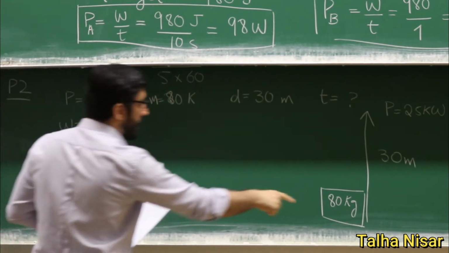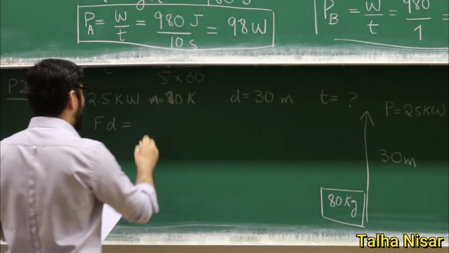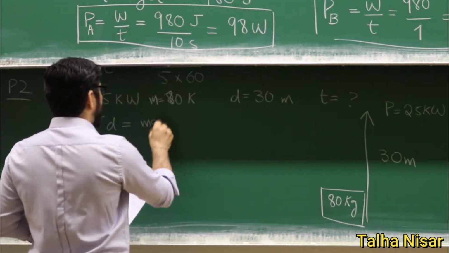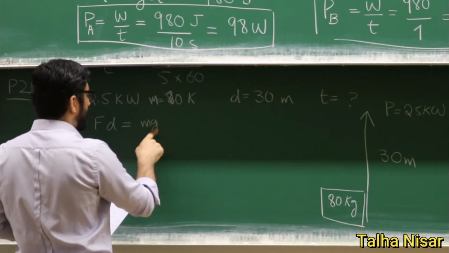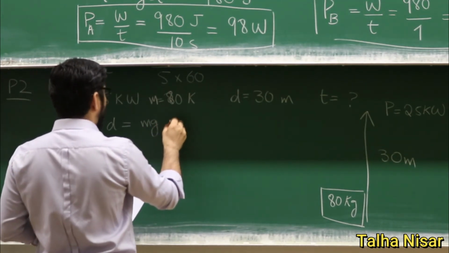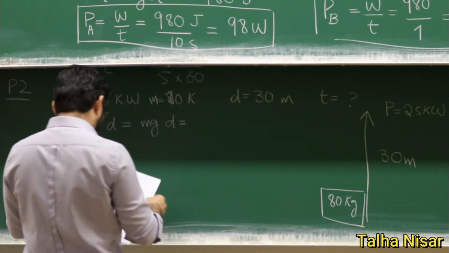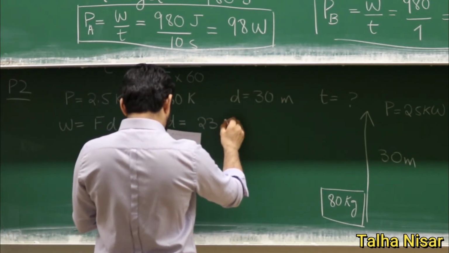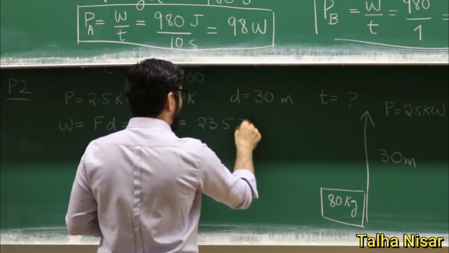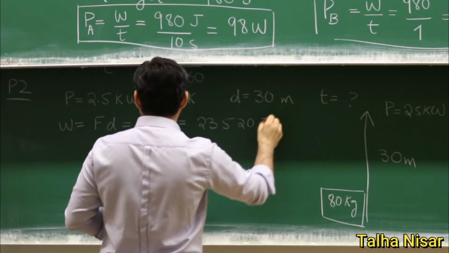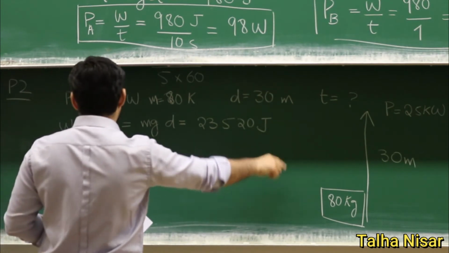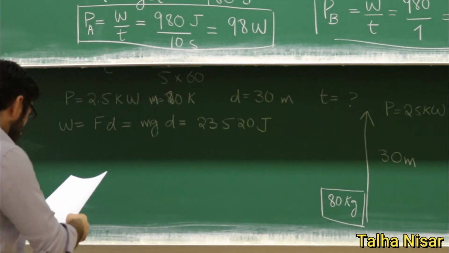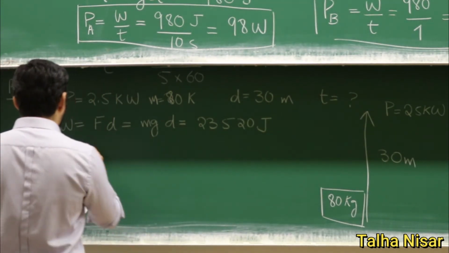In this case, since it's going against gravity, we have the gravitational force, which is mass multiplied by the gravitational acceleration. When we put these values in, we get 23,520 joules. So this is the work done, and now we want to know the time.